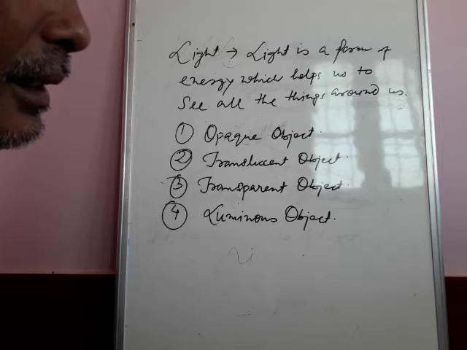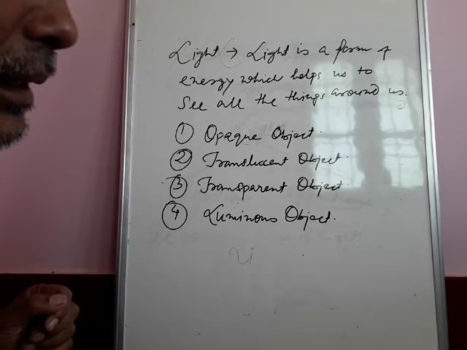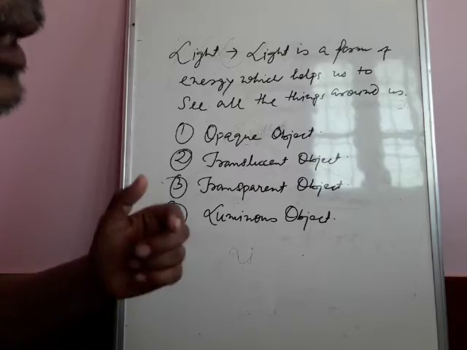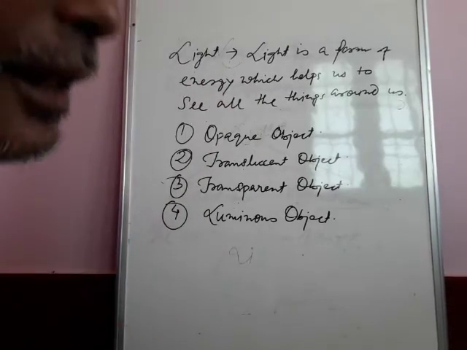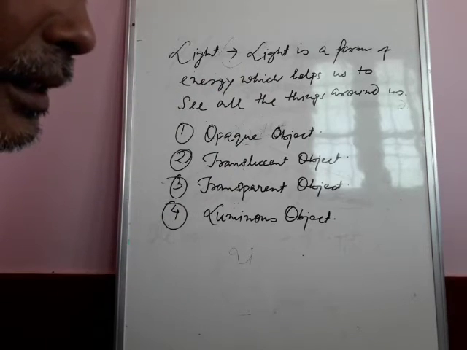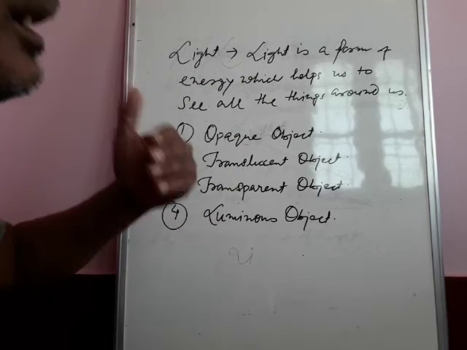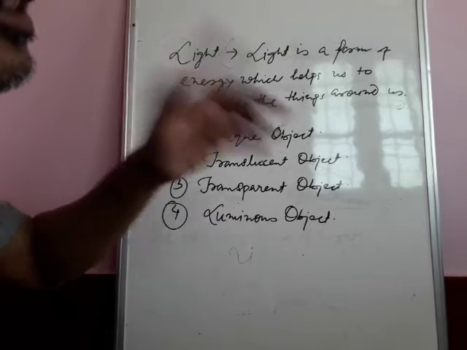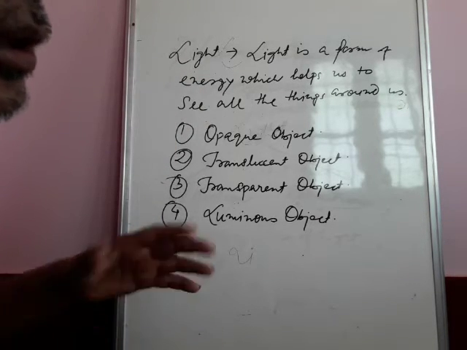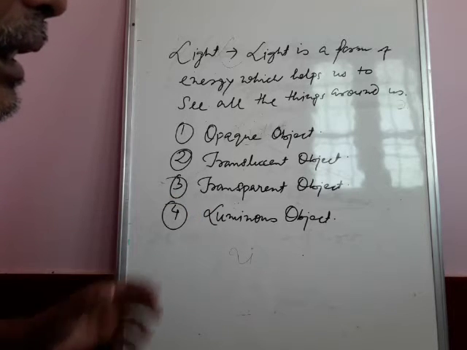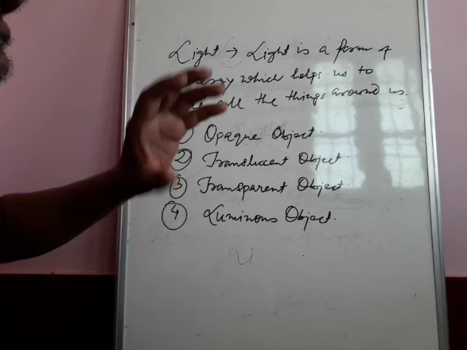Through glass, if one sits on one side and the other on the other side, one can see the person sitting on the other side. That means glass is a transparent object. That is not an opaque object, because light passes through it. By now I am sure that you have come to know what an opaque object is. It is an object through which light cannot pass.